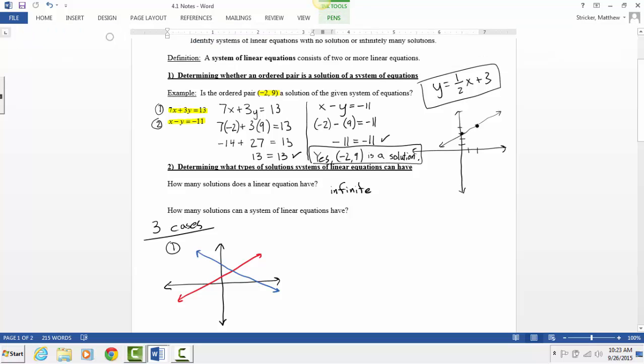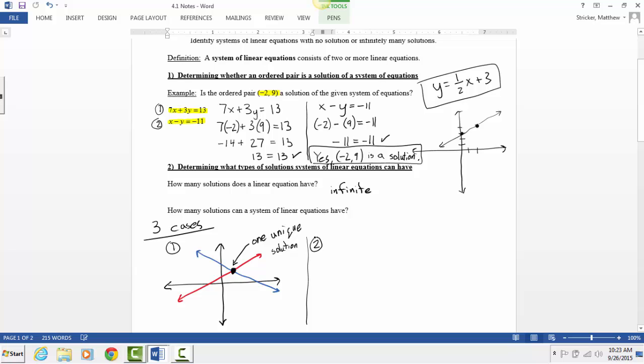Well, in this case, the red line has an infinite number of solutions, the blue line has an infinite number of solutions, but there's only one place where both lines have the same solution, and that is right here in the middle where they intersect. So in this situation where they intersect, there is one, we'll say, unique solution. That's one case.